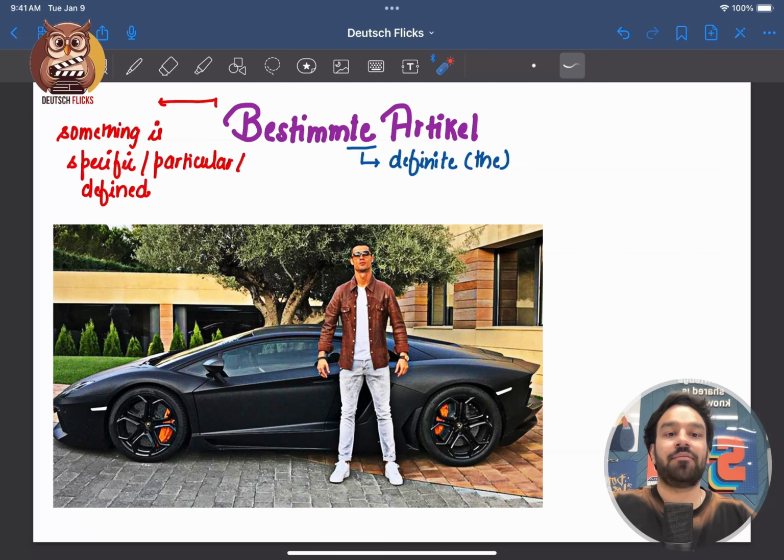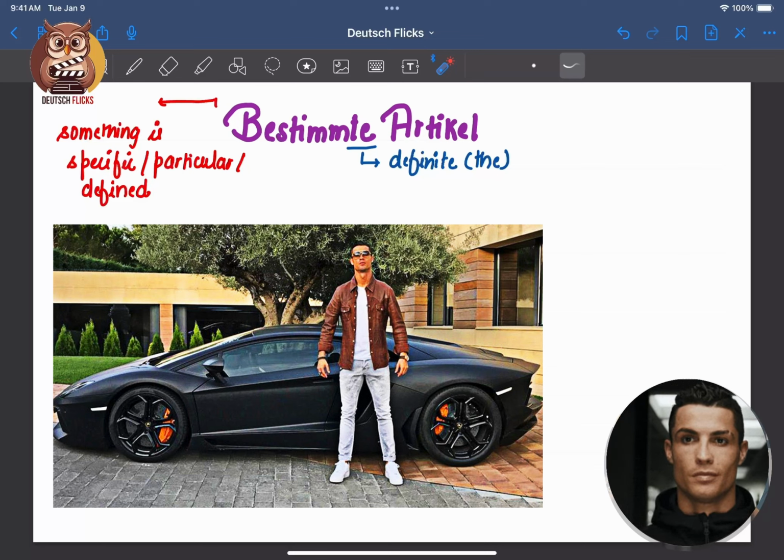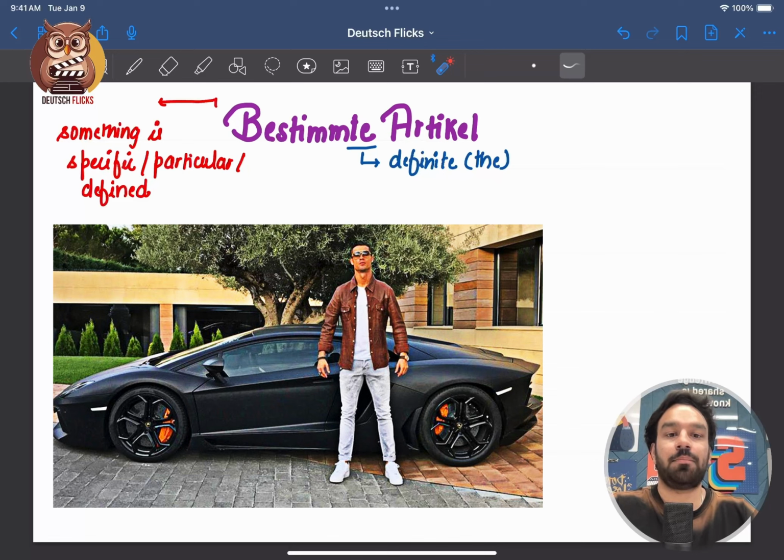Now here I have defined that the car is not a normal car, it belongs to Ronaldo. So I cannot say that is a car of Ronaldo. The correct statement would be that is the car of Ronaldo. In our case, car is something specific, particular, or defined.